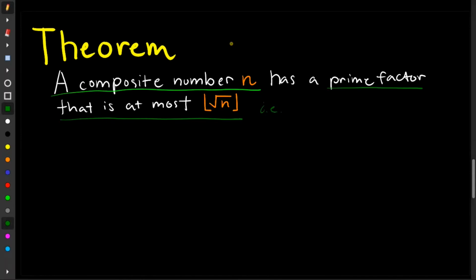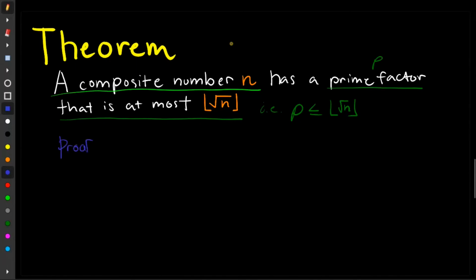This is equivalent to saying that if this prime factor is p, then p is less than or equal to the square root of n, since at most, the highest value of p is only this one. This is what we need to show later on. So let's start the proof.